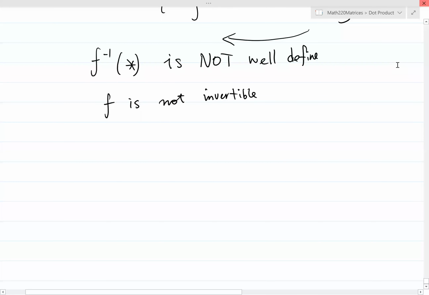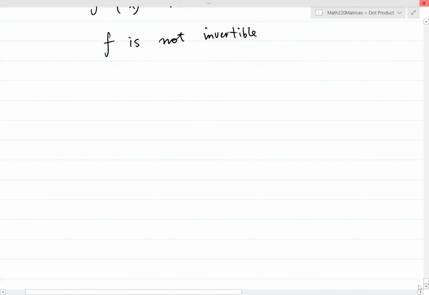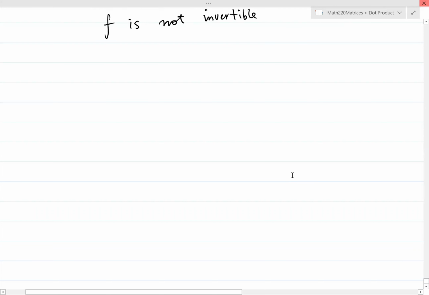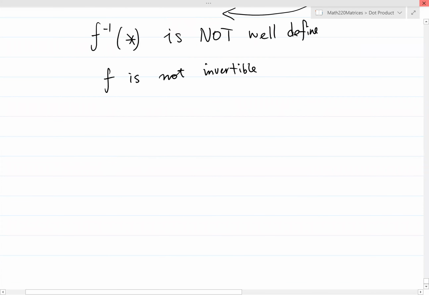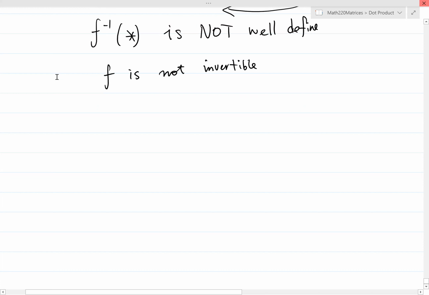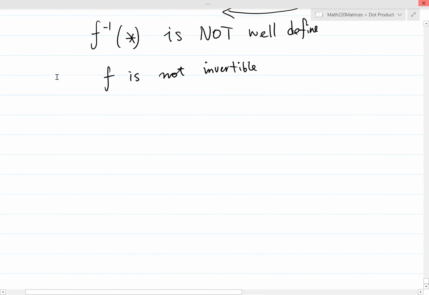So you see a trivial example. For instance, the matrix A is 0, 0, 0, 0.